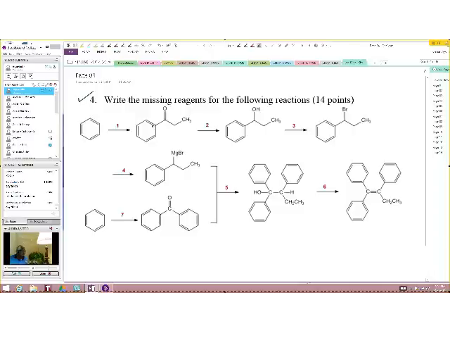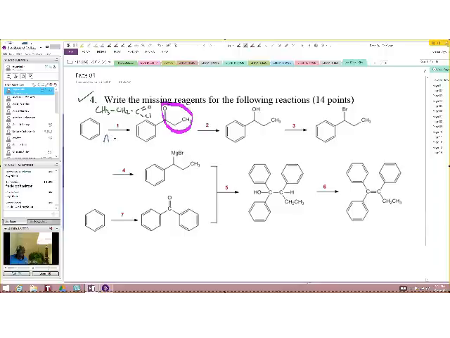Acylation. Friedel-Crafts acylation. Excellent. In other words, what you want to do is take an acid chloride. The reason is that you want to attach this group to the benzene using the Friedel-Crafts acylation. To do that, you take the acid chloride, this molecule here, and add to that a Lewis acid.